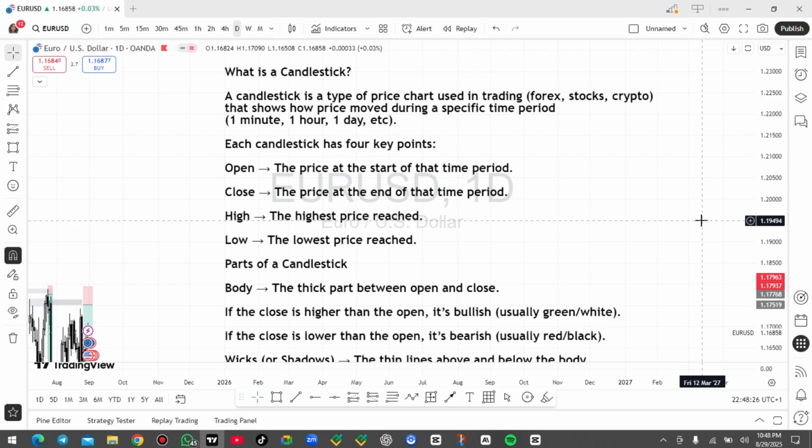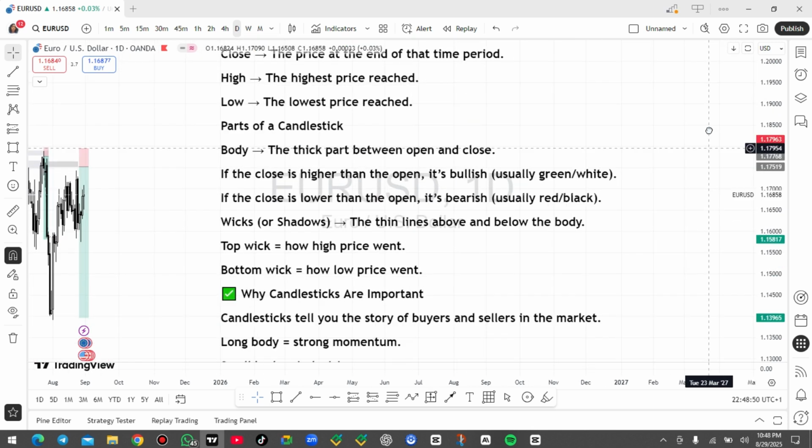We have the opening price, the low price, the closing price, and the higher price. These 4 key points are very important in your chart. They tell you how the market has been reacting and what these candles have been doing in different time frames. Now let's dive into that.